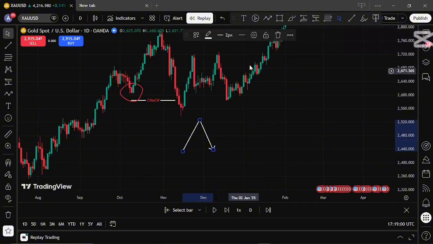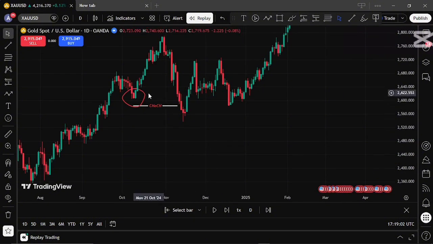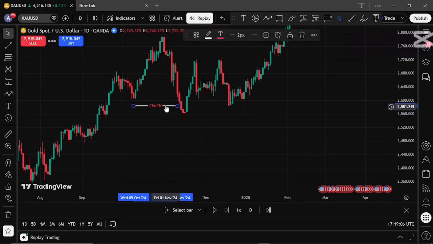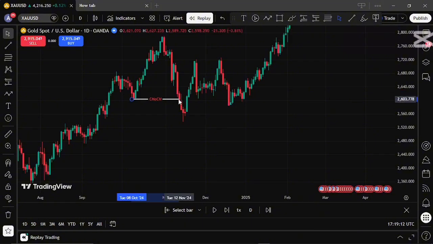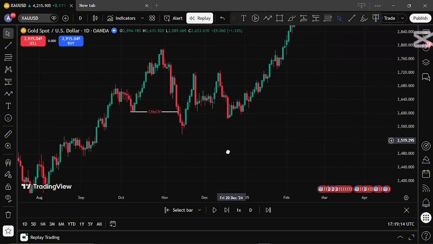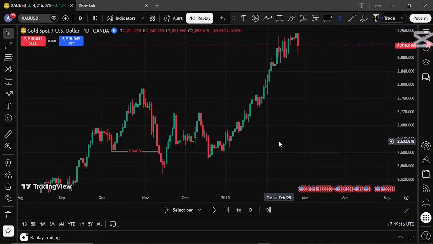So we clearly see that this was a fake change of character, and for us traders, if you knew about this, then you would know that liquidity has been swept. So you wait for moves. The first move, we can say again, we see that we had a real change of character.